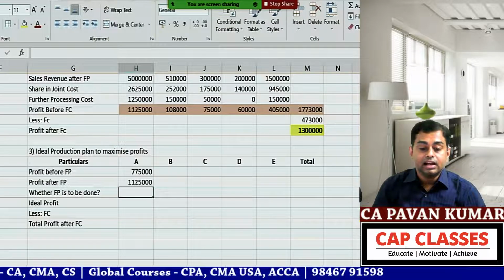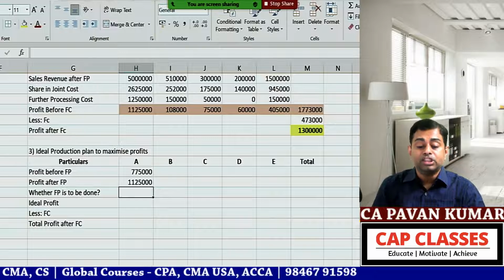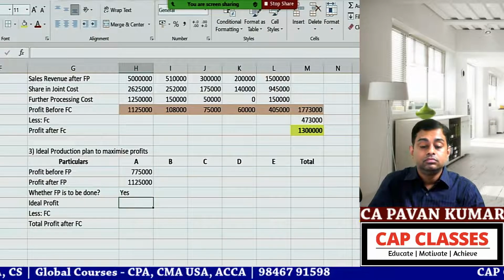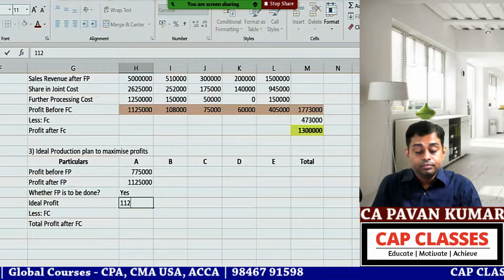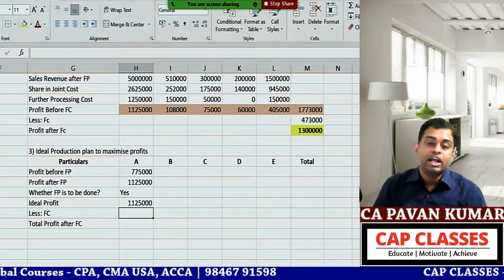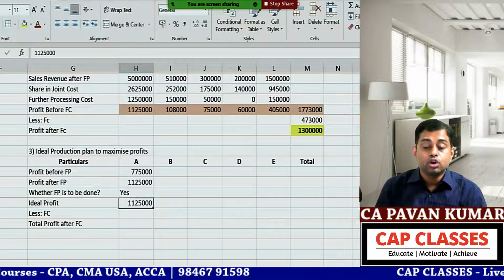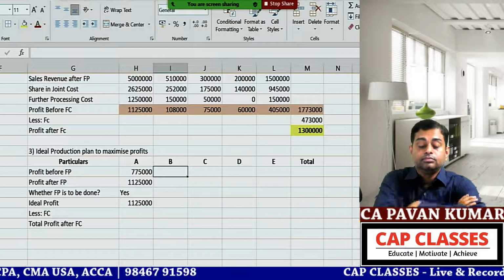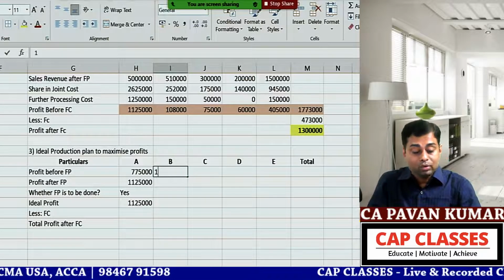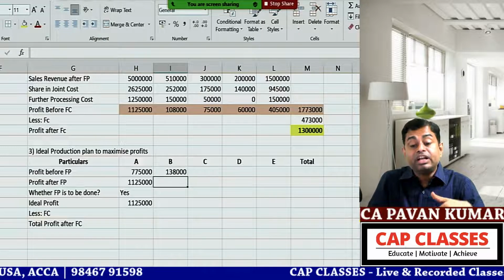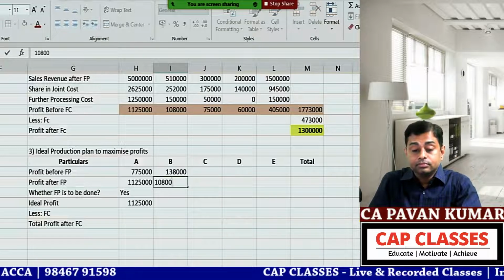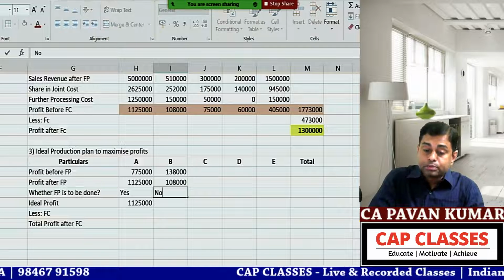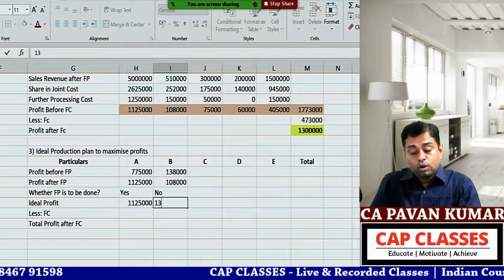Yes, sir. So now you tell me whether further processing is to be done. Yes, sir. What is ideal profit? 11,25,000. Okay. Now B, profit before further processing, how much? 1,38,000. Profit after further processing? 1,08,000. Will you do further processing? No, sir. What is ideal profit? 1,38,000.